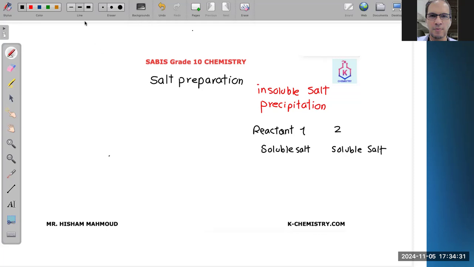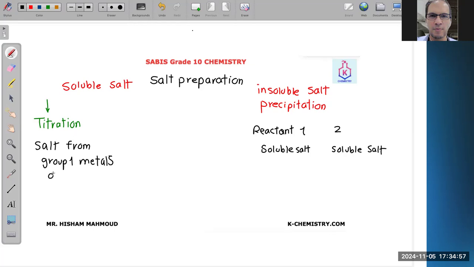Then we said that salt preparation for soluble salts is by two methods. They differ in that the first one is titration, the other is crystallization. Titration is used only if you have a soluble salt from either group 1 metals from the periodic table, or ammonium salt, or ammonium as the cation.